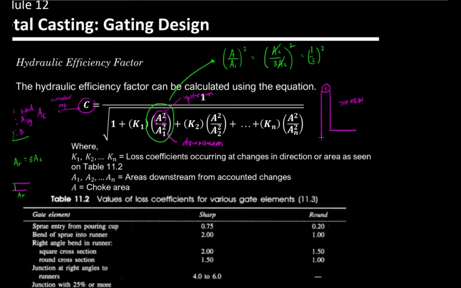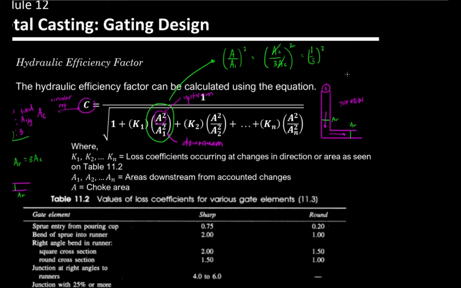Again, any change must be accounted for in the loss coefficient, whether that change is a change in area or a change in direction. So if it's running through this particular channel, then this is your runner area, and this is also the runner area.